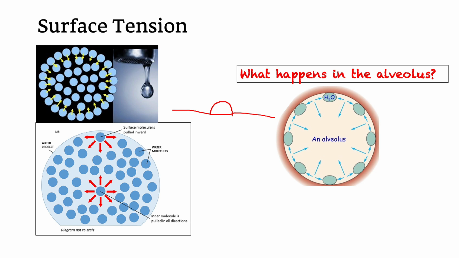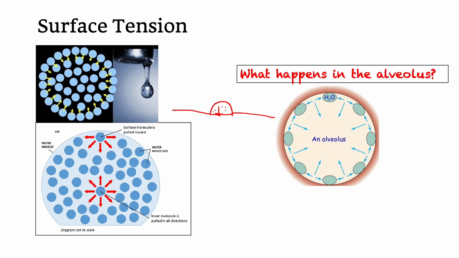The water molecules inside the water droplet pull each other. As you can see here, the inner molecule is pulled in all directions, but at the surface, the molecule is pulled inwards.